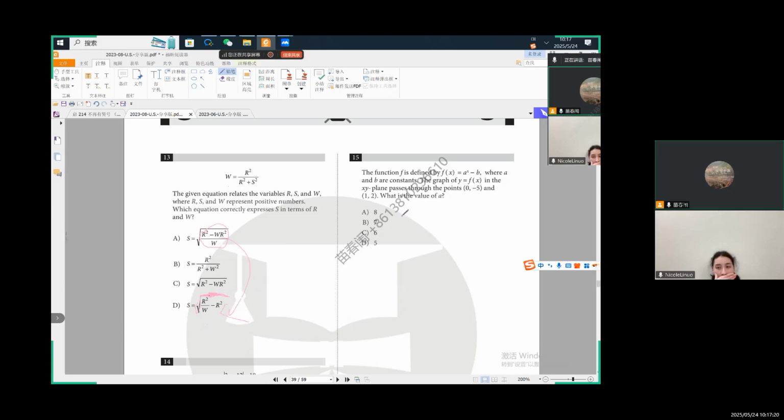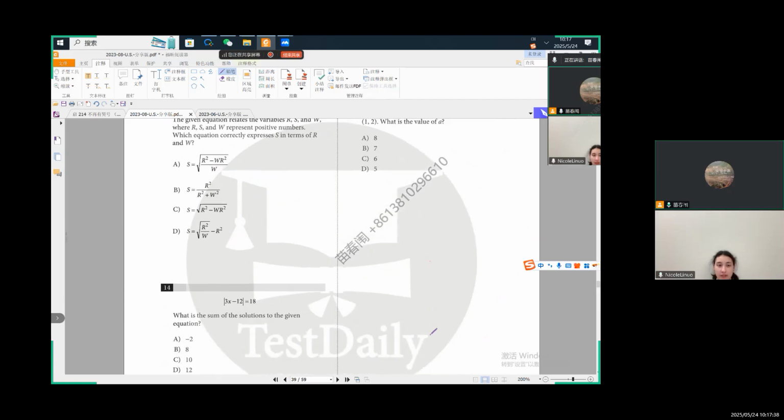But definitely not C, right? You gotta divide it by W and then square root. Calculation. This one we can get it right? Yeah. I just need to practice more. Yeah. Get it at 14.